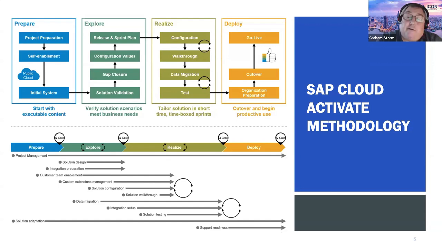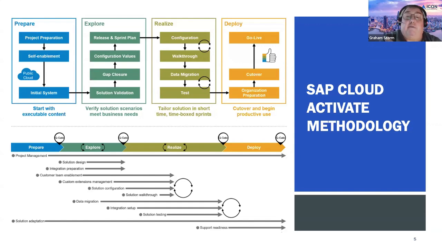That's the key around the explore phase. We're not trying to design something from scratch. We're trying to work out the key gaps between what we're positioning as the standard set of business processes versus what the business actually needs to run their operations and make their life simpler, like the poll said.